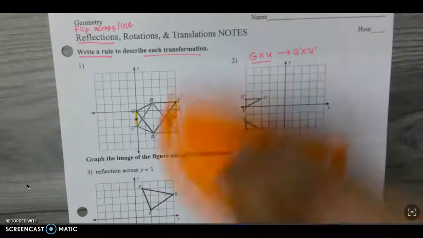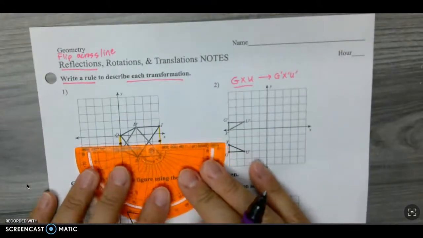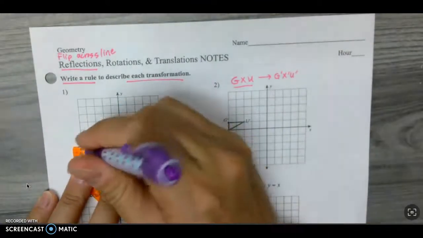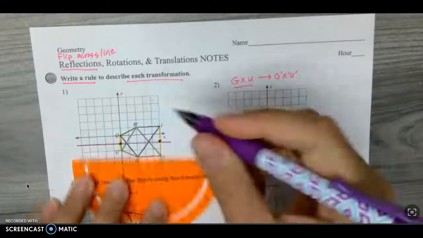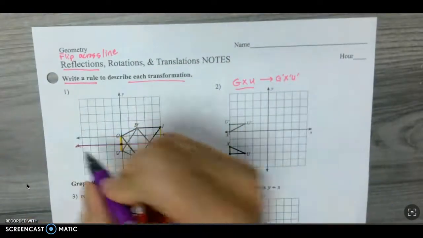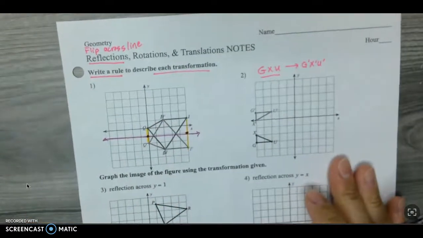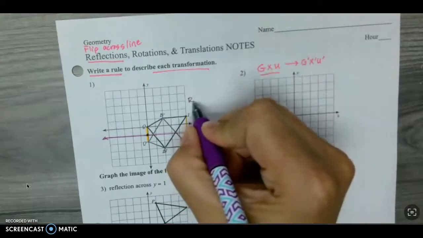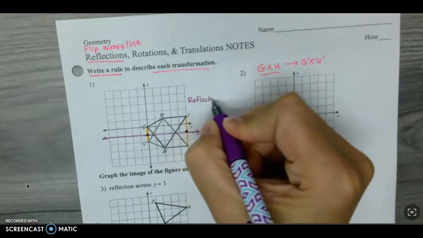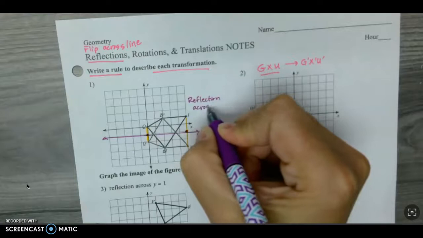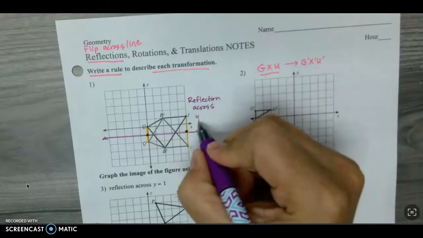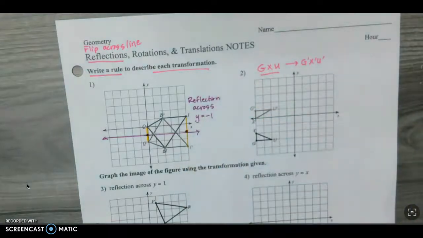Okay? So we draw our line of reflection right here. Okay? And that line, so we would say it's a reflection across the line y equals -1.